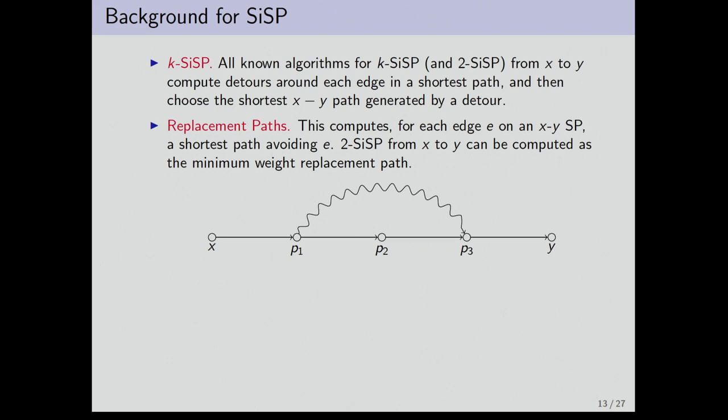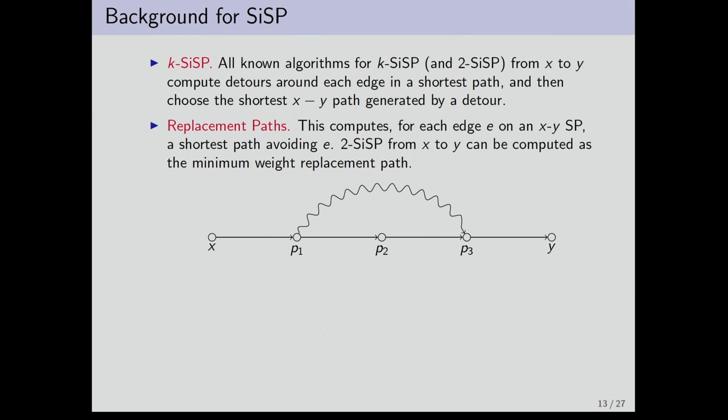And all algorithms currently for 2SISP or KSISP essentially compute replacement paths, and all replacement paths can compute what's called a detour from the shortest path. And a detour is just you take your shortest path, and then you're only allowed to create your new path by exiting the current path, and of course you could exit right at x.